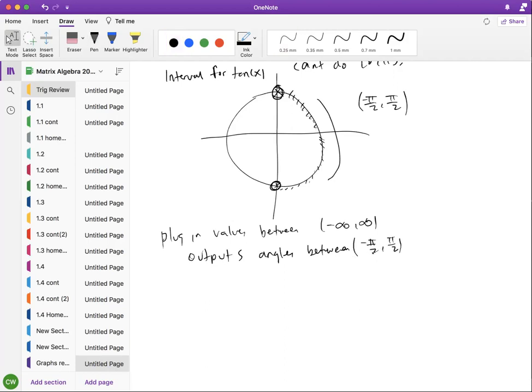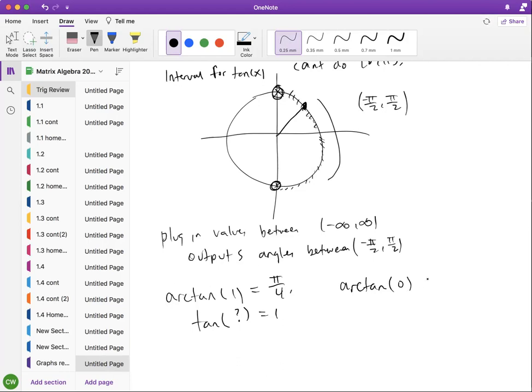So here's an example. Let's do arctangent of 1. What angle in negative pi over 2 to pi over 2 is such that the tangent of the angle is equal to 1? Last class, we actually talked about this, it was pi over 4. It's the one right here. The sine and cosine are the same there.